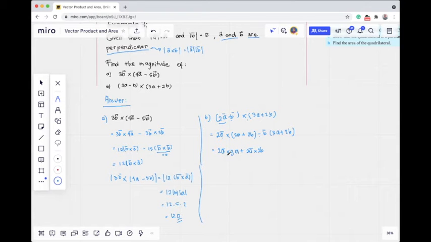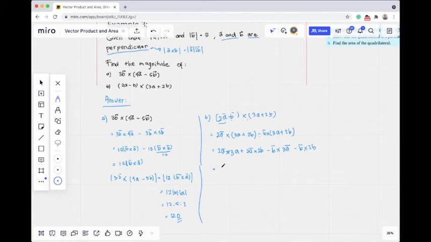So don't forget to write cross. And b cross 3a, and then minus b cross 2b.